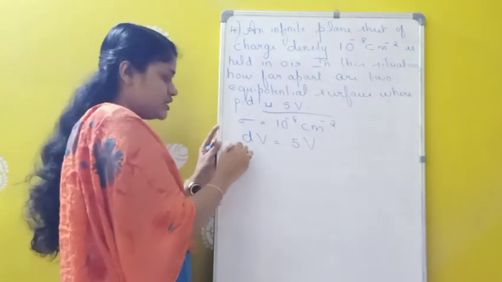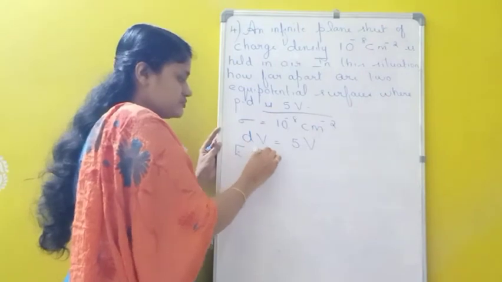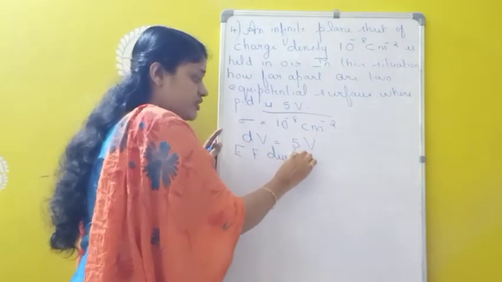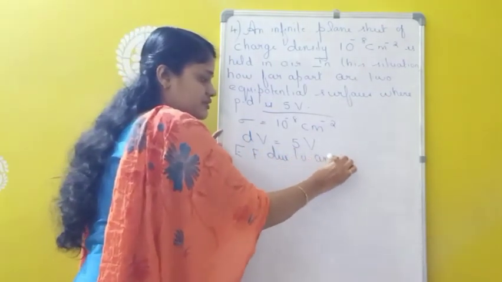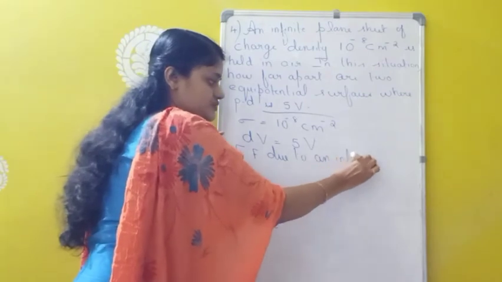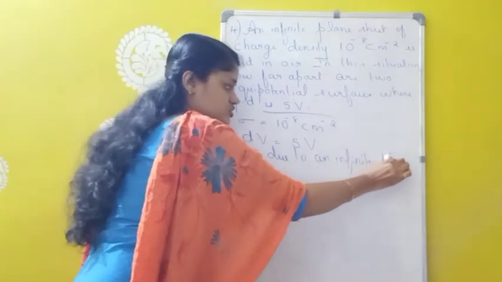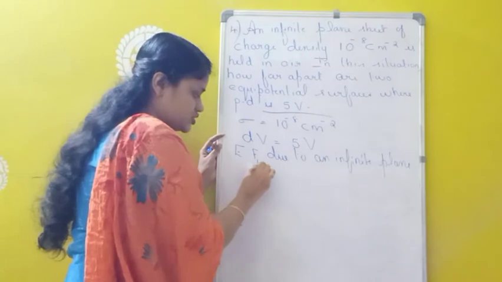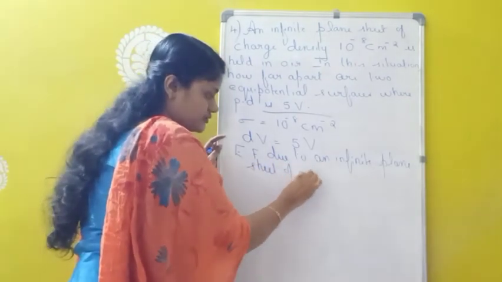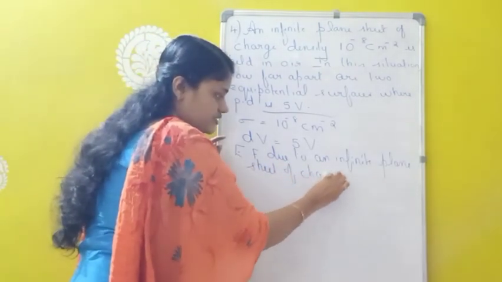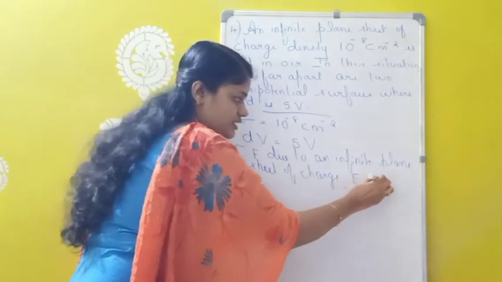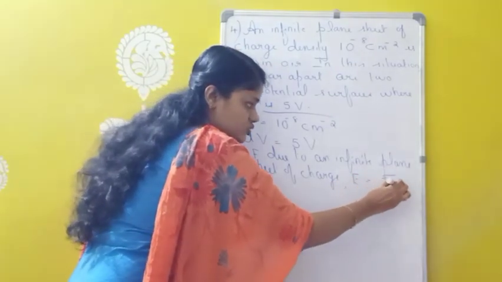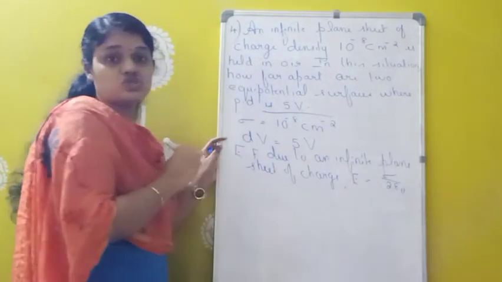Already we studied that the electric field due to an infinite plane sheet of charge, E equals sigma by 2 epsilon 0.